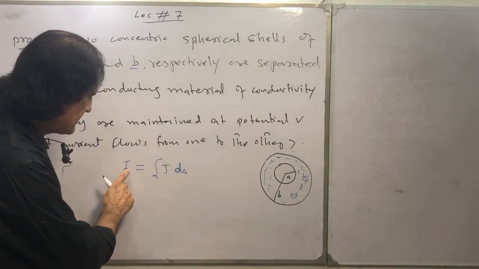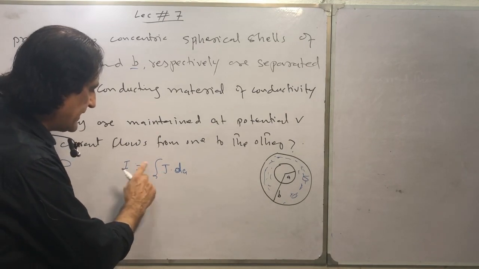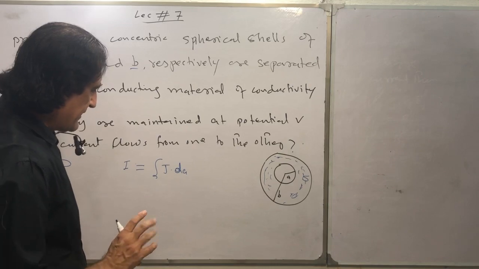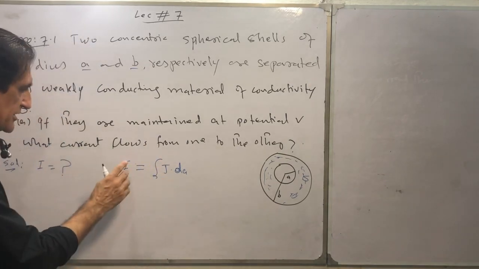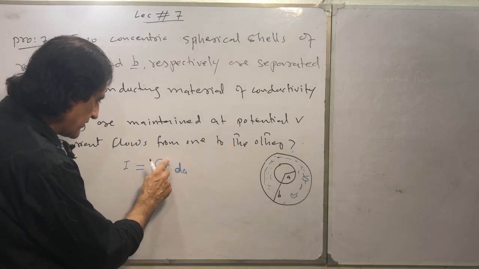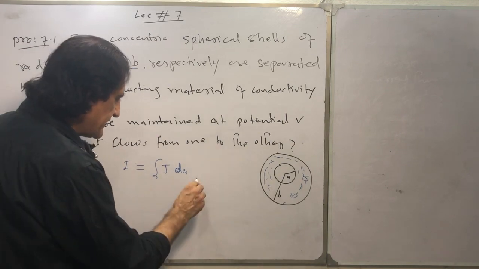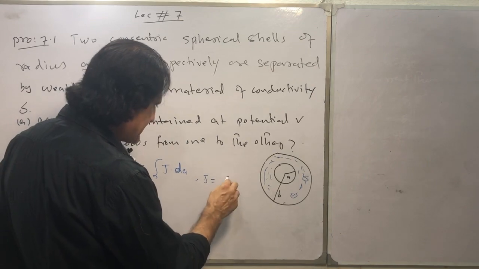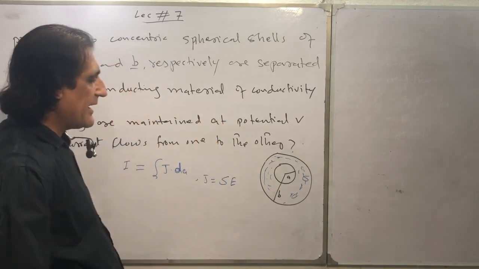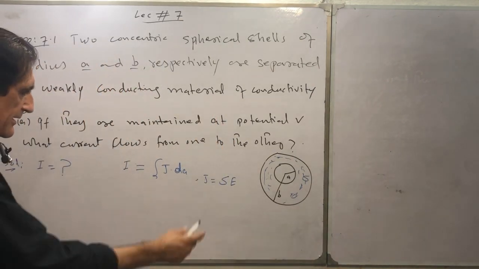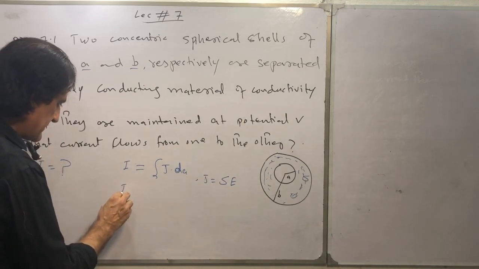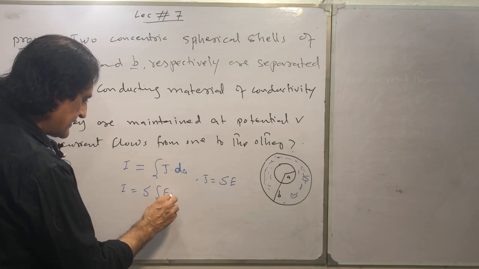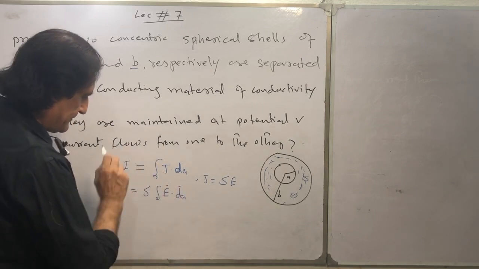Then the current we can write as the integral of J dot dA. From this equation, it is clear that we need to find J, where J is equal to sigma E from Ohm's law. And if we put this in, then sigma is constant, and we have E dot dA.